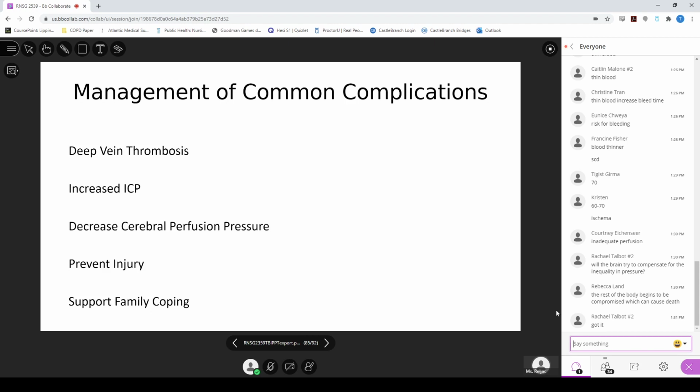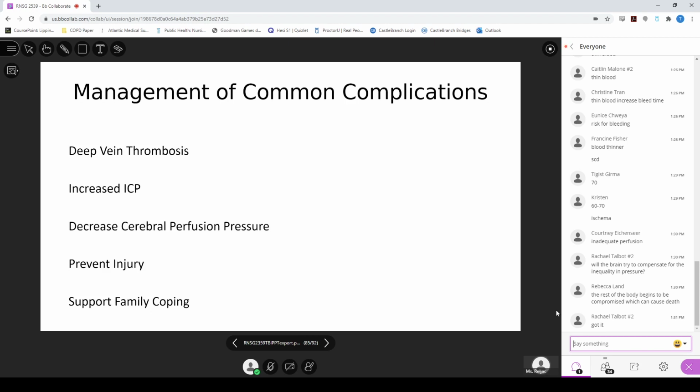And the ways you keep this cerebral perfusion pressure normal is by elevating the head of the bed. Make sure you have adequate IV fluids or increased IV fluids. IV fluids are going to cause volume, right? Blood volume.